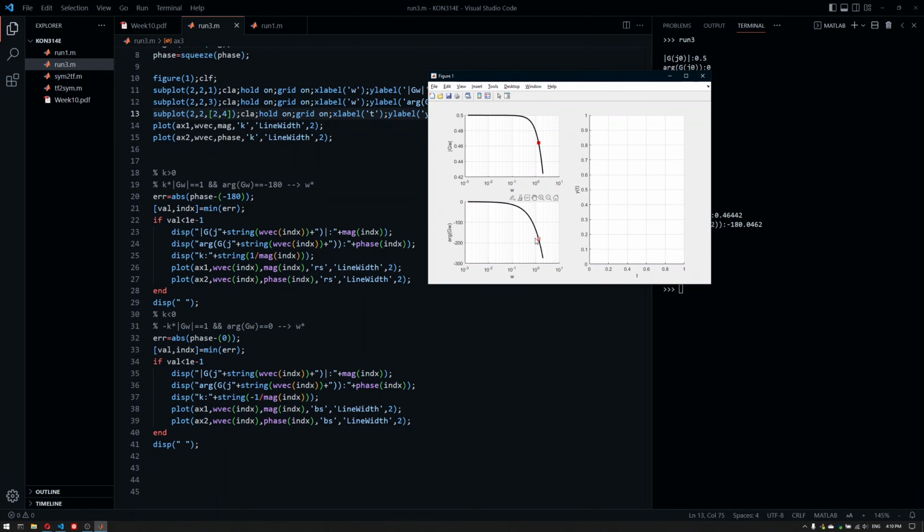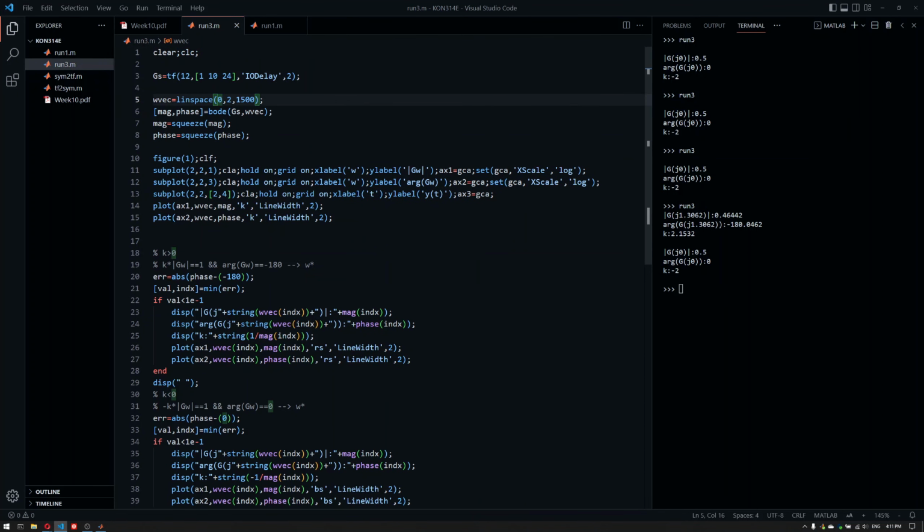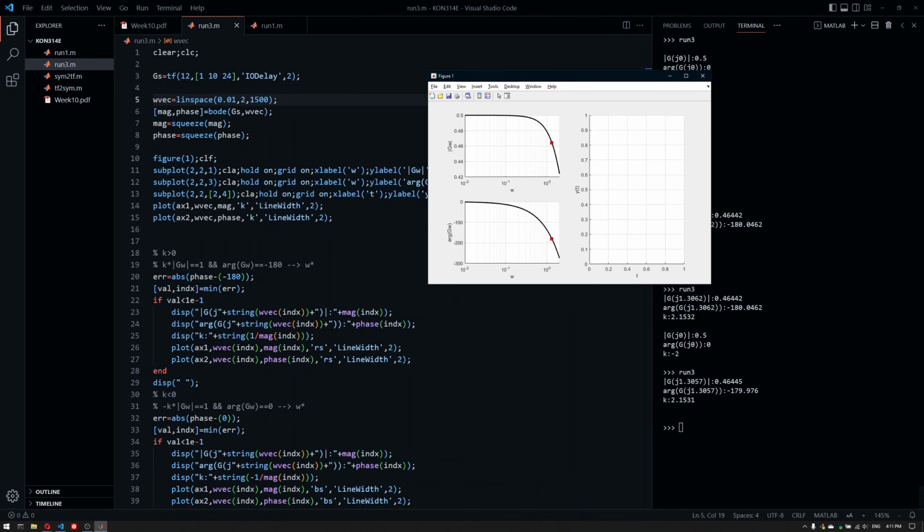Why are we not seeing? Oh, because it's logarithmic now, we cannot visualize that. Okay, so let's call it 0, 0, 1. It's going to be a little bit off. Yeah, it is going to damage us here.